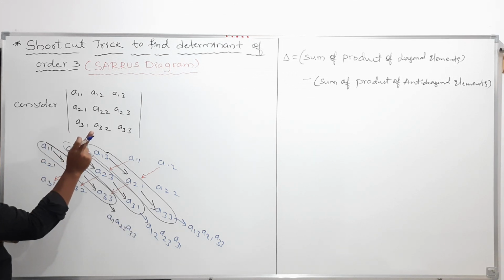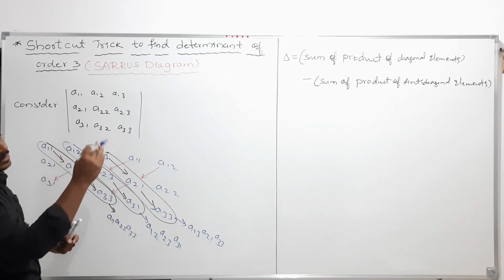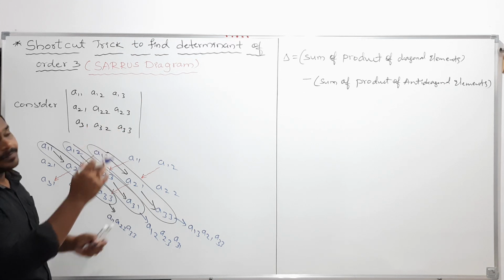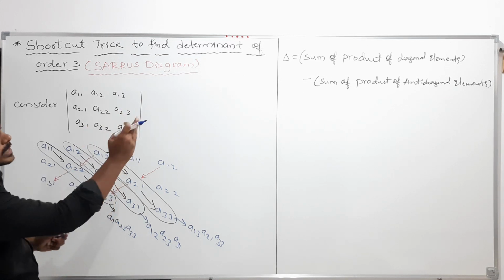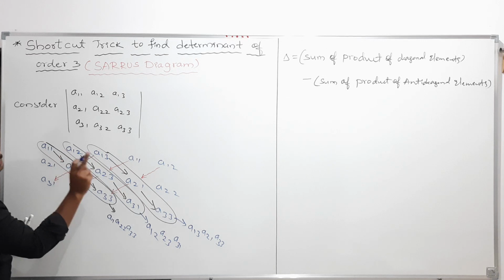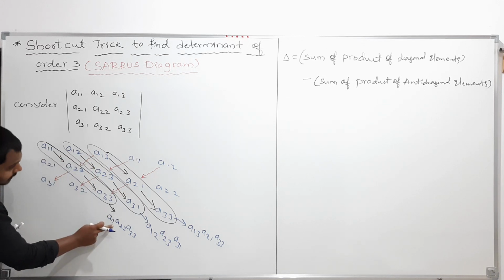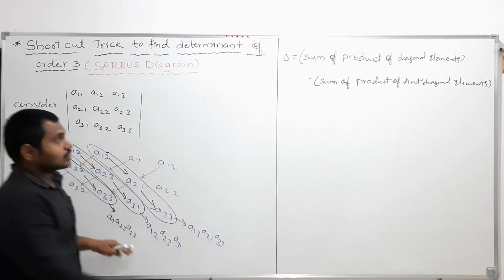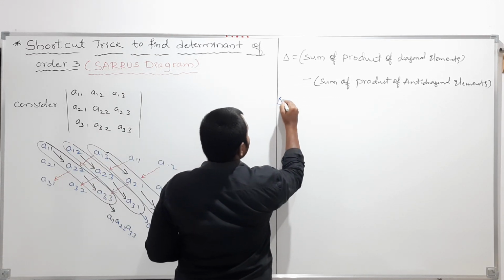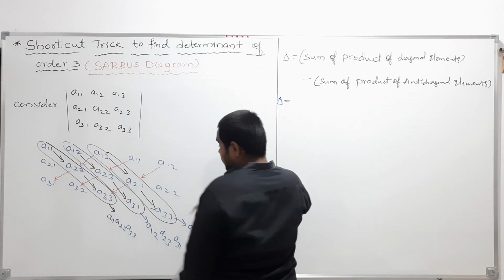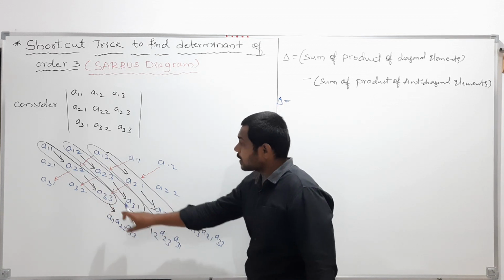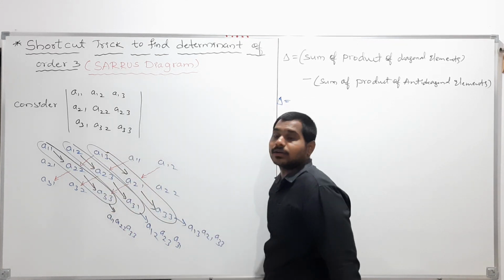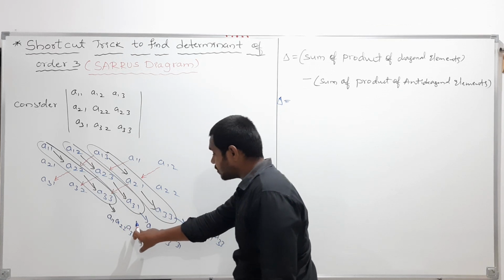Clear? What is the formula for the determinant value? You can take it as a formula, or you can just remember it. So what is that? Sum of the product of the diagonal elements. This is a product, and this is a product, and this is a product. We take the sum of all these.